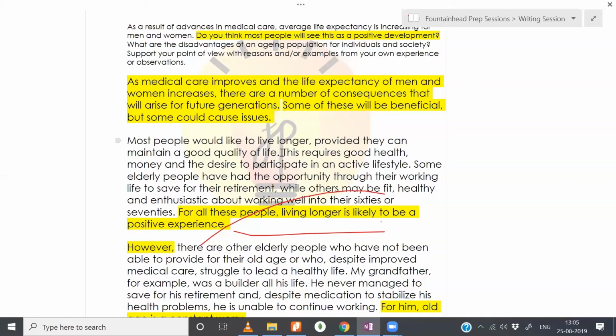But understand that written discourse is an enabling skill. You may get a very high written discourse score, that is 90 out of 90, just by ensuring that you follow this structure. This requires, for all these people, right? So this is how I'm connecting the previous sentence with the next sentence.